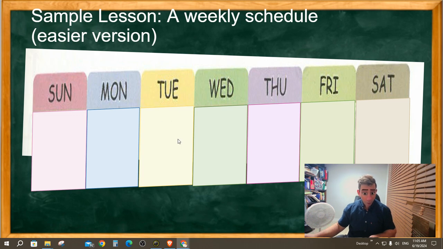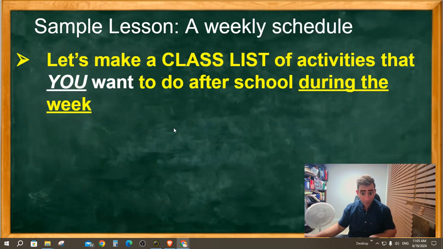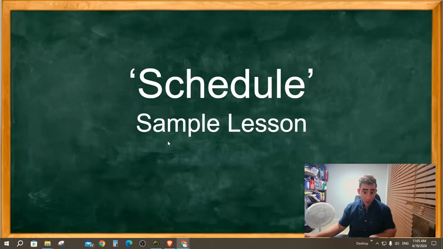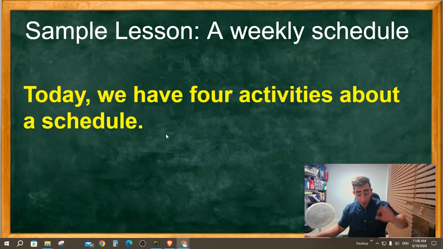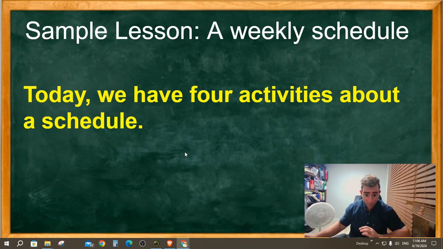So now what we're going to do is go back and talk about what happened in this demonstration microteaching. So in the beginning, very importantly, I started with our outcome. It's not written up here, but it's something that I was telling the students verbally. So our outcome is they're going to talk about their own schedules.